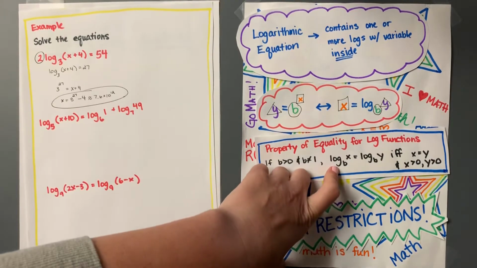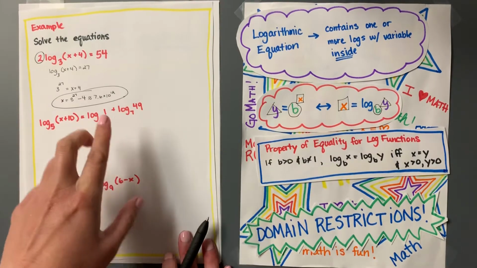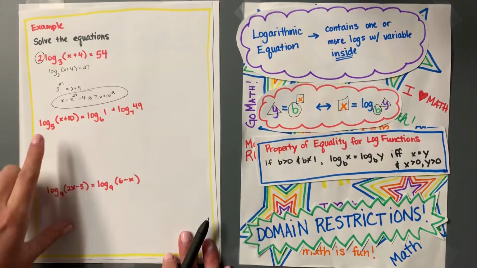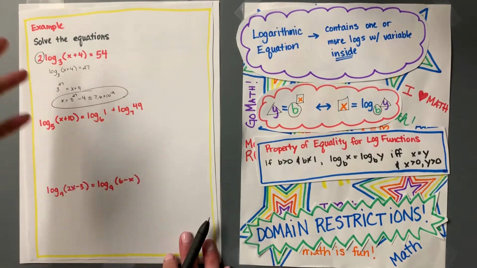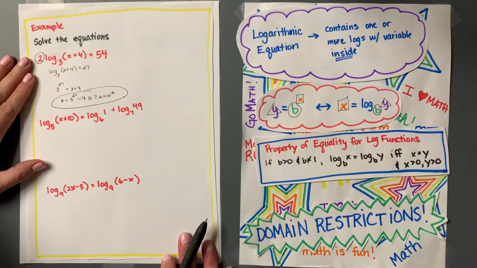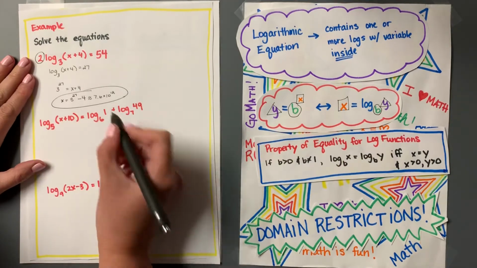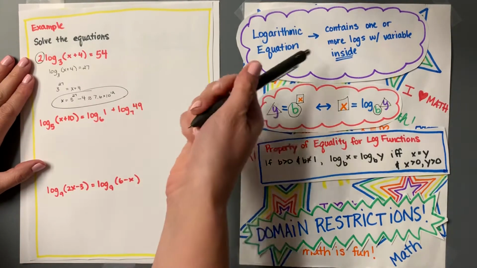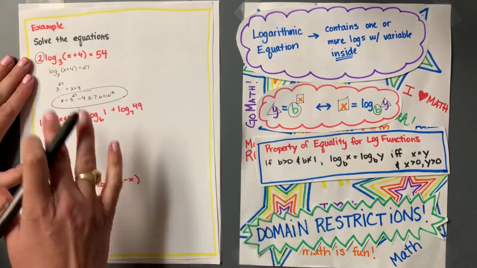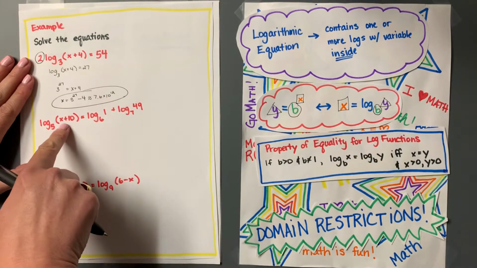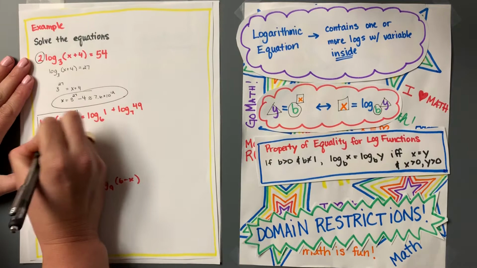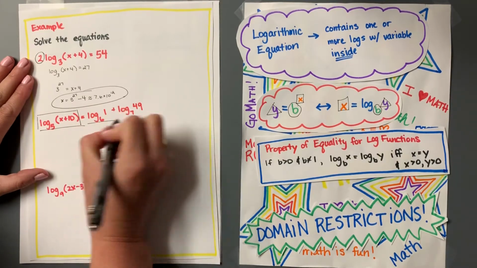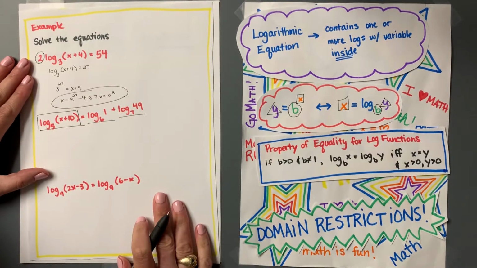But I also don't have the property of equality because I, first of all, have 2 log expressions over here. And second, this is a 5, this is a 6, and this is a 7. So that's going to be an issue. But if I remember that in a logarithmic equation, we're interested in the variable being inside. So here I have a log with the variable inside. This does not have a variable and neither does this.